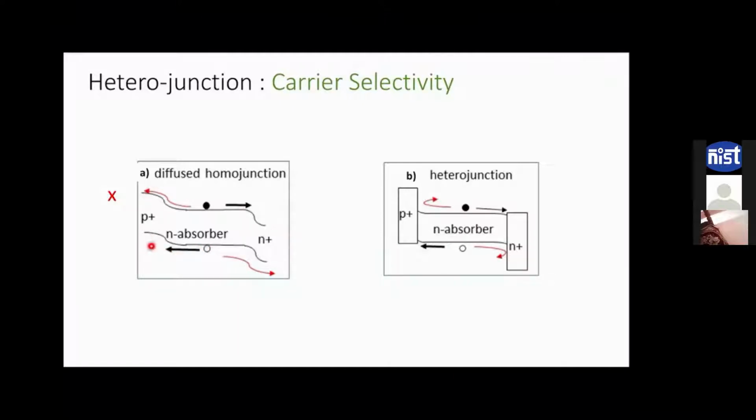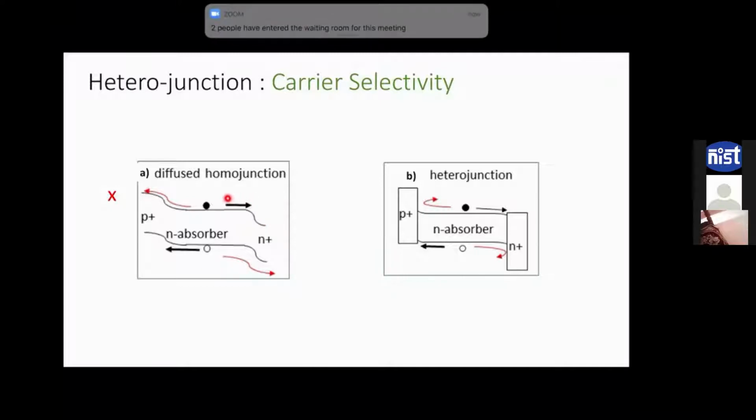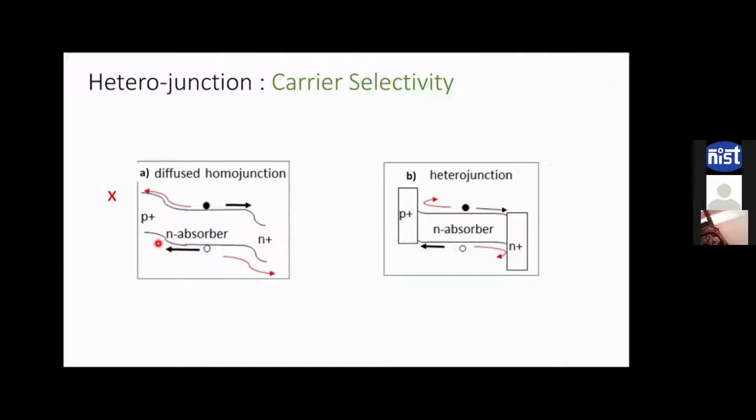transport side. Now what happens in a homojunction solar cell? This electron can travel very nicely towards this N side because it sees no barrier for its transport. And the hole also travels very nicely towards the right side, that means towards the hole transport side, because there is no barrier for the hole to transport.